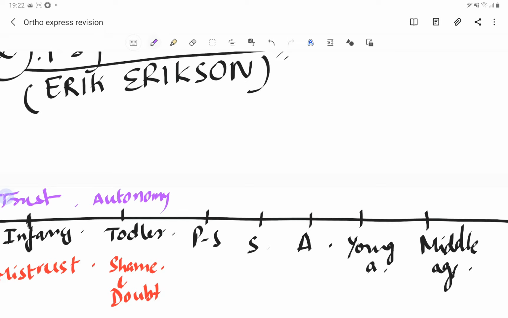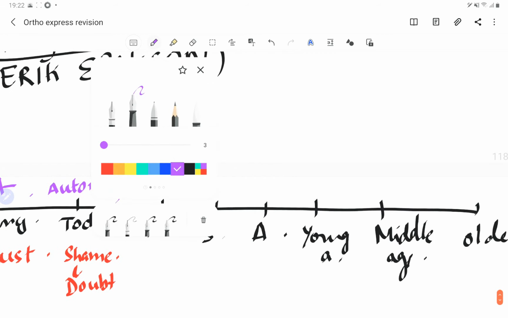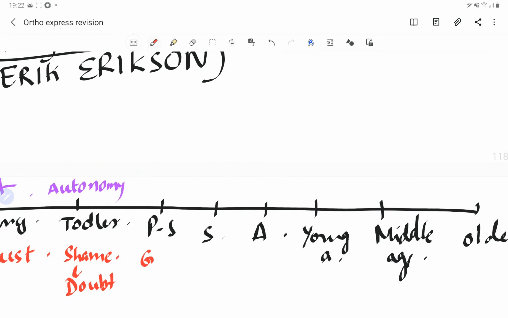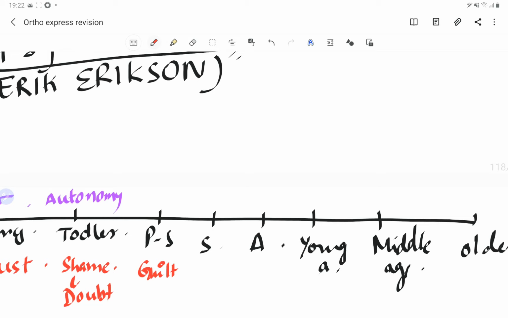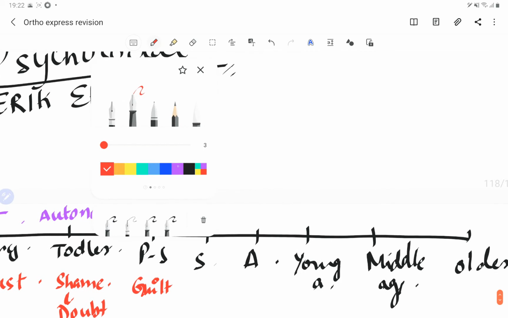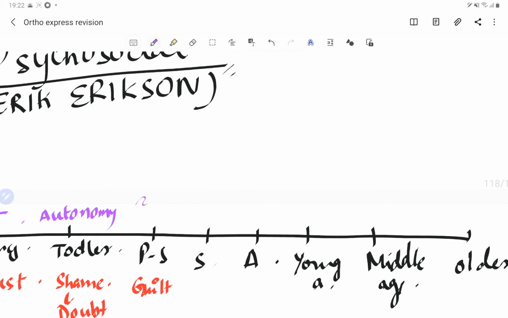At the preschool stage, either there is guilt which is developed, usually with bullying and all, right? Or there can be initiative. In the school age, there can be industry, or there can be inferiority which can be developed.